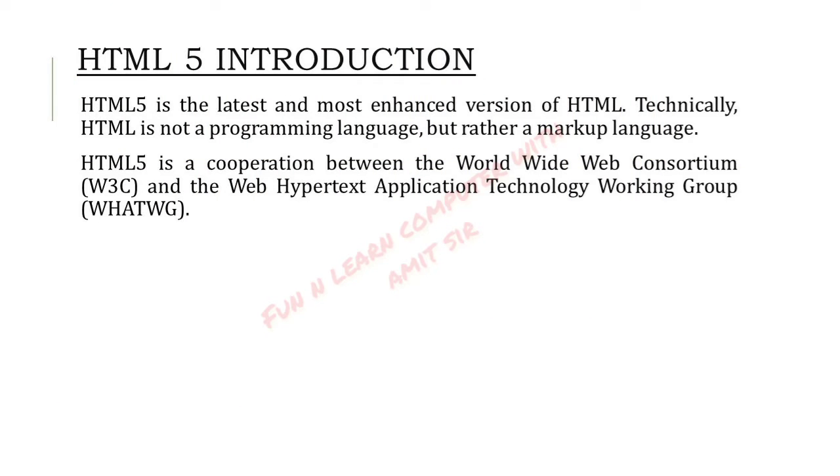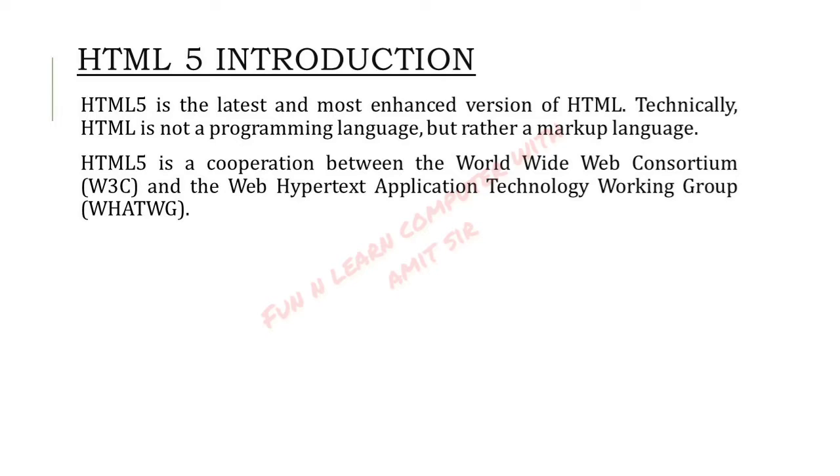Next, we will come to know what is HTML5. HTML5 is the latest and the most enhanced version of HTML. As the technology is growing day by day, even the programming and the codes and the markup language also enhanced.